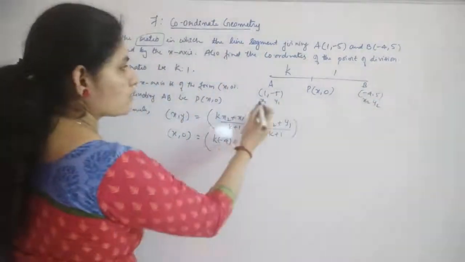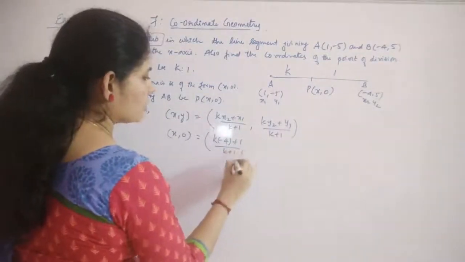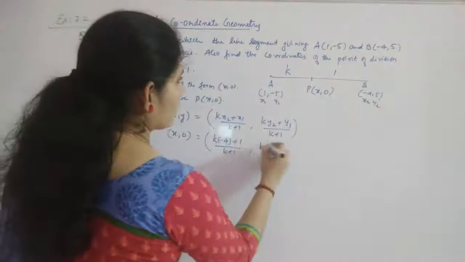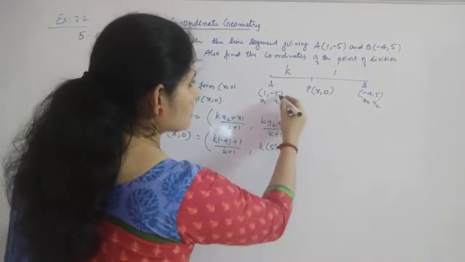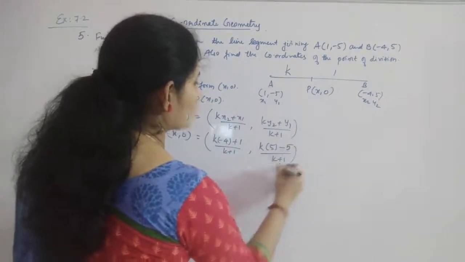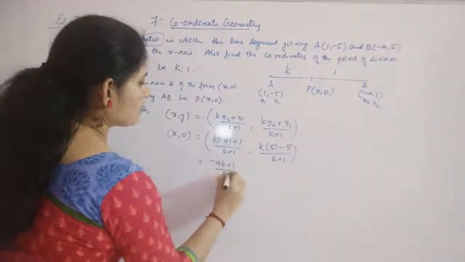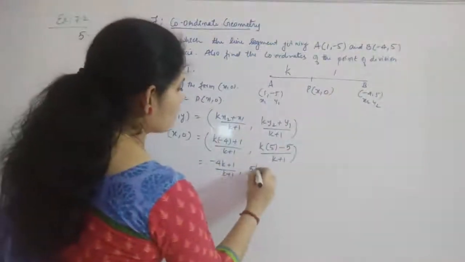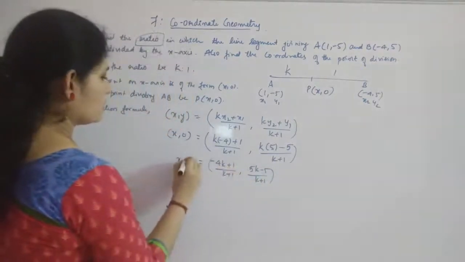So k into minus 4 plus 1 divided by k plus 1, comma, k into y2, which is 5, plus y1, which is minus 5, divided by k plus 1. That is minus 4k plus 1 by k plus 1, comma, 5k minus 5 by k plus 1, equals x, 0.